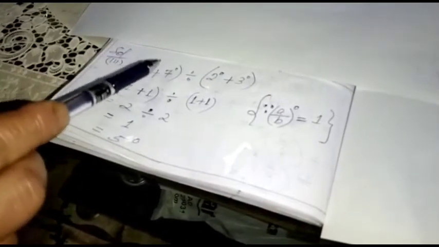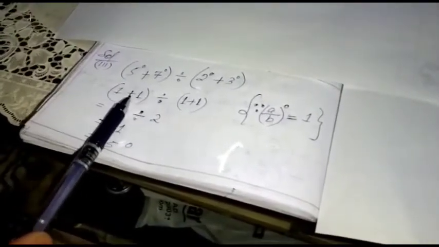In this question we have to solve and express the answer as a power with base 5. We have the question (5 to the power 0 plus 7 to the power 0) divided by (2 to the power 0 plus 3 to the power 0). As I said, we have a formula in which (a/b) to the power 0 equals 1, or a to the power 0 is equal to 1. That means wherever the power is 0, its value will be just 1. So 5 to the power 0 is 1, similarly 7 to the power 0 is 1, 2 to the power 0 is 1, and 3 to the power 0 is 1.